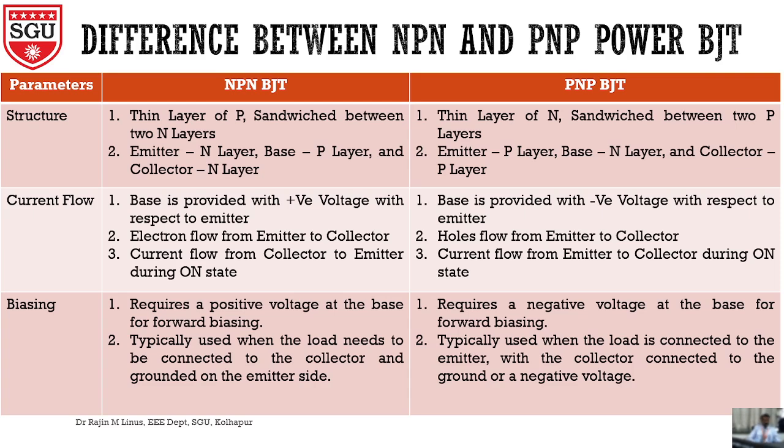Then, typically the NPN transistor is used when the load needs to be connected to the collector and ground on the emitter side. In the PNP transistor, the load is connected to the emitter, and the collector is connected to ground or the negative voltage. That is the difference in biasing between NPN and PNP transistors.